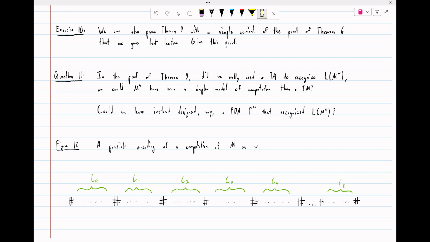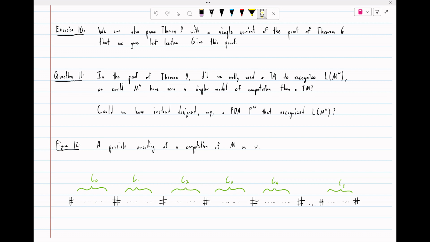It couldn't recognize the language W followed by an exact copy of W. Intuitively, the reason is that if I push everything here onto my stack, I want to read the first character now and make sure it's the same as this one. But what's the issue? This character that I stored is at the bottom of my stack now. So if I wanted to test it, I would need to empty everything, and then I wouldn't be able to test the rest of these.